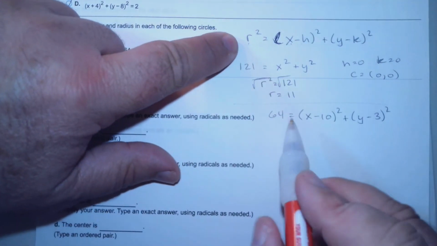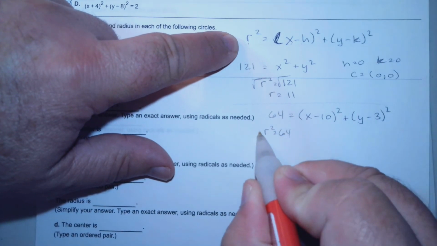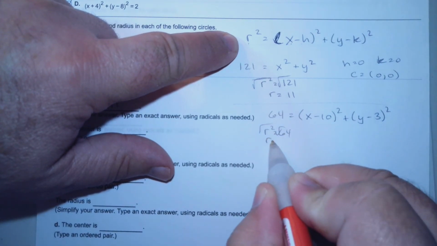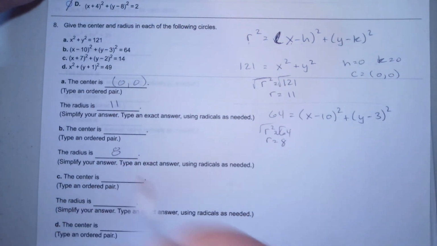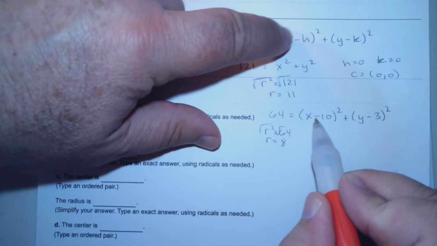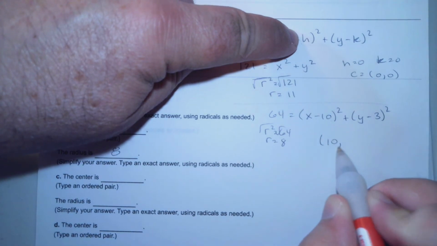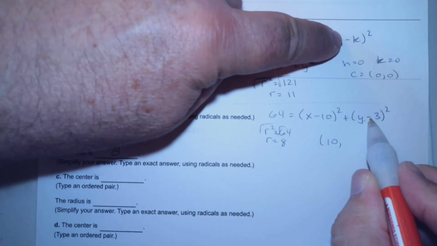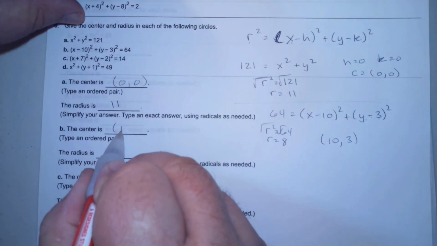So the r squared is 64, square root both sides. Square root of 64 is 8, so the radius is 8. In the center, x minus h is 10, y minus k is 3. So it's at 10, 3.